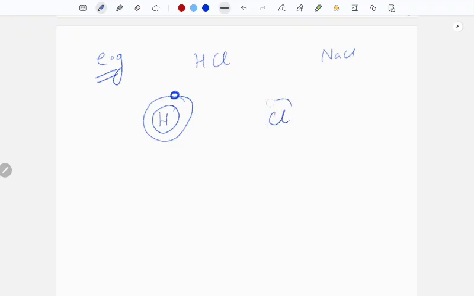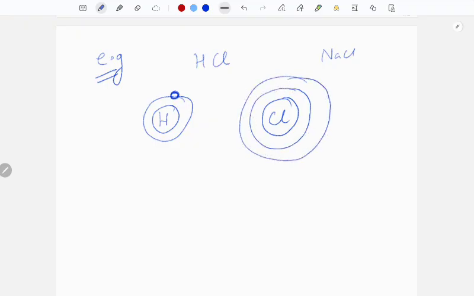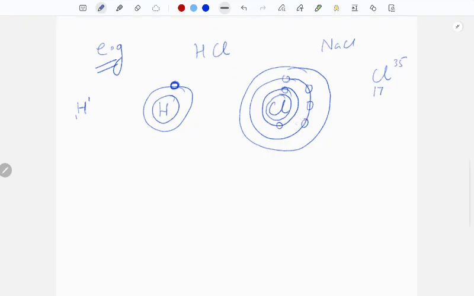And chlorine has 17 as the atomic number, Cl, 35 is the mass, H has atomic number one. Chlorine has two electrons in the first shell and 8 in the second shell. We cannot put more than 8 in the second shell, and so on for the other shells.